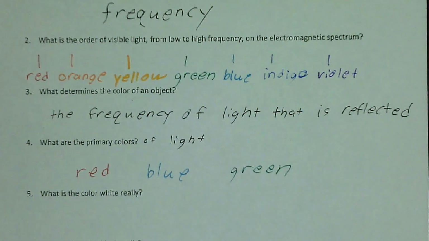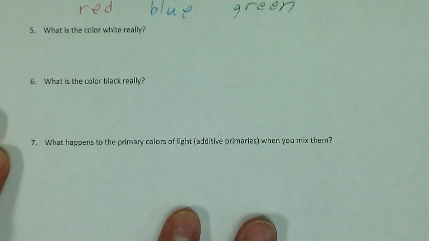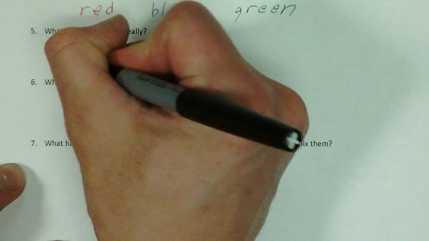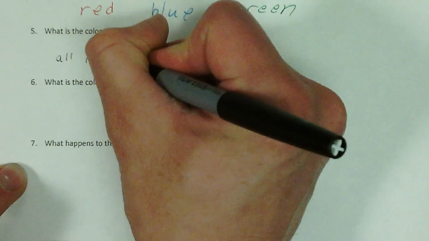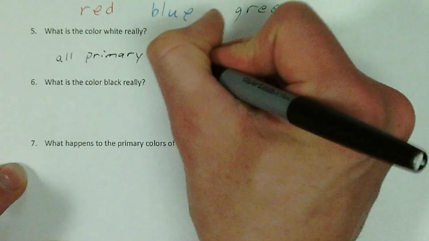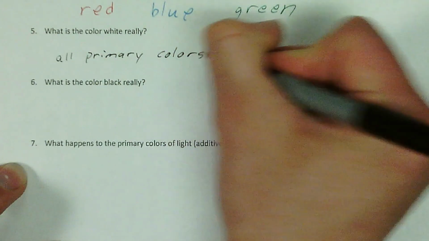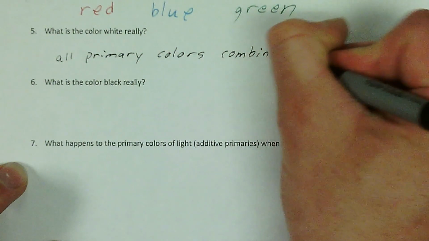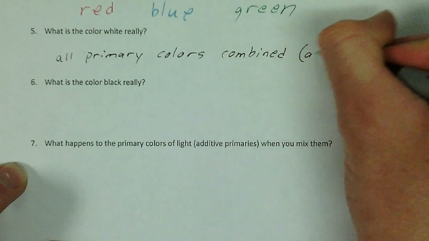So, when we looked at the demo, what is white really when you talk about the color white? It's not really a color. It's all primary colors combined. And really, when we're thinking about it, we're adding them.